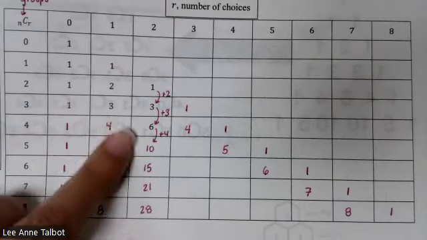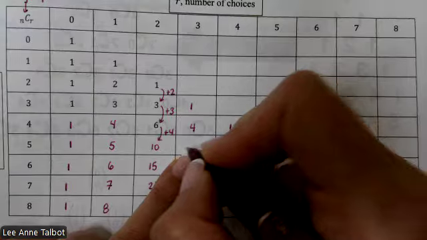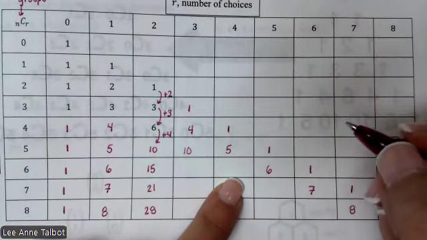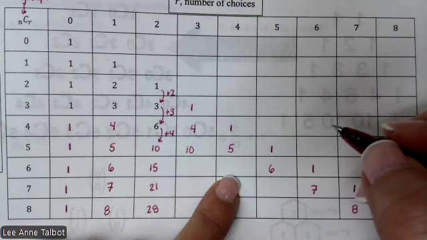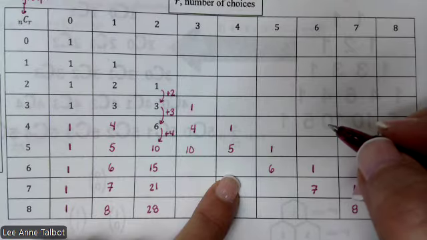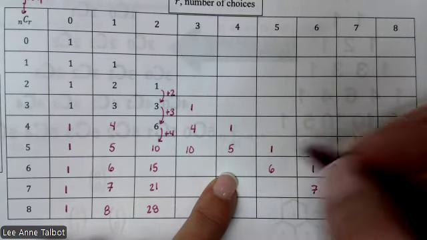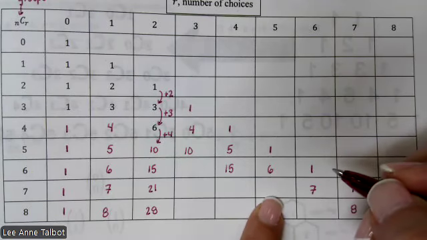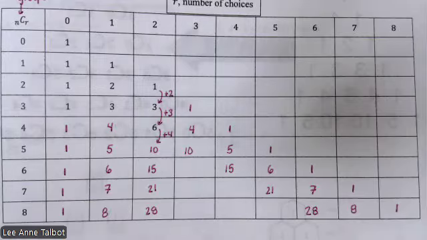Okay, now look down this diagonal, 1, 3, 6. What should this box be? 10. Anybody? 15. 21. 28. Okay.